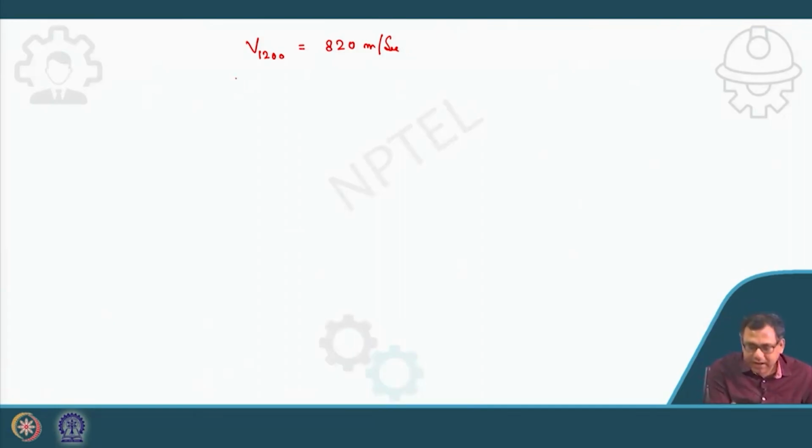Okay, so now here I0 is not constant, as I mentioned, it depends on the ray or the wave. So that will be sine inverse 500 divided by 820. This is 37.57 degree.